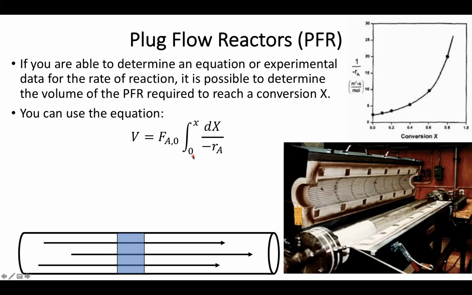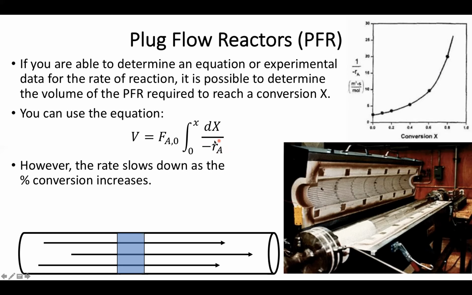And then what we're going to have is essentially an integration of 1 over the rate of the reaction as a function of position. So again, it is worth noting, while this does look simple at first glance, there is going to be a position dependence for our rate. So watch out for that.